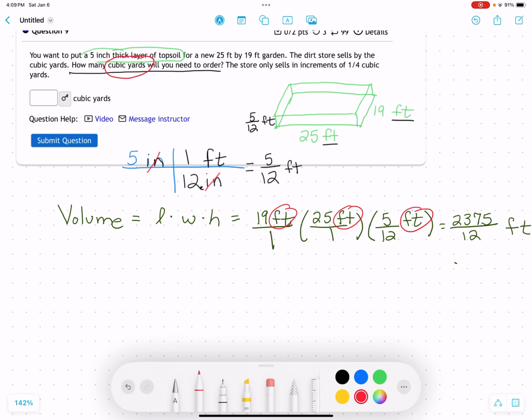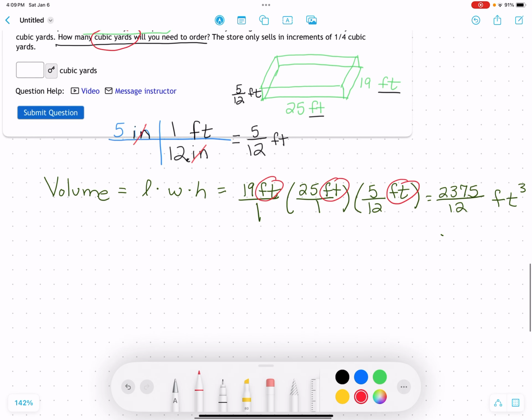So what I'm going to do is take this volume, my cubic feet, 2,375 twelfths. And instead of calling it cubic feet, I'm going to do something a little weird. I'm going to call it feet times feet times feet, because I need to do a conversion.